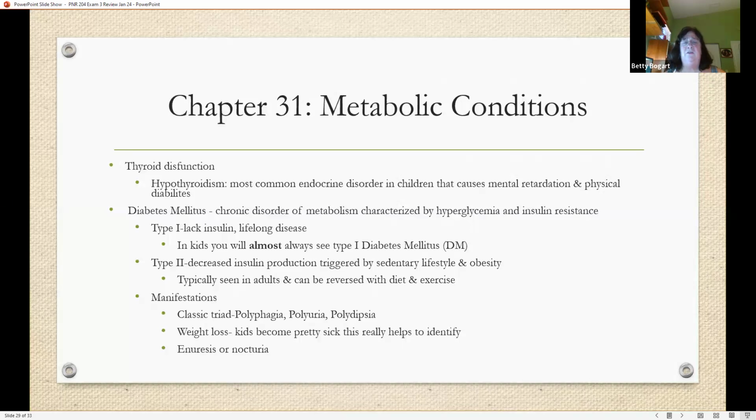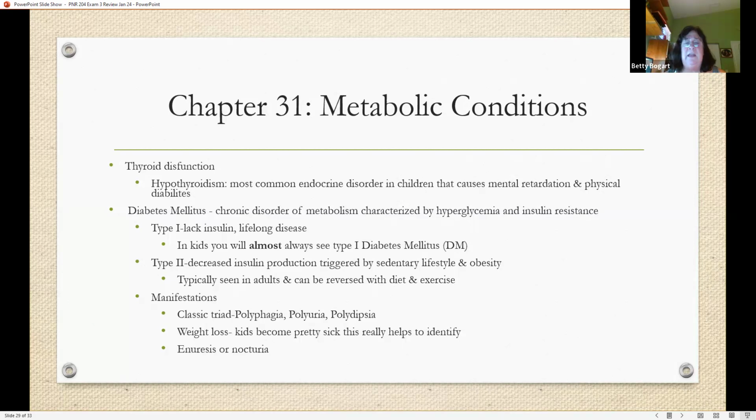Diabetes, most likely in your younger kids, is type 1. Type 2 is usually your older kids, and that is your overweight kids. Absolutely. And that would be type 2, and they'll get type 2 medications, oral. But type 1, when they are young, the insulin's not working, the pancreas is not working well.